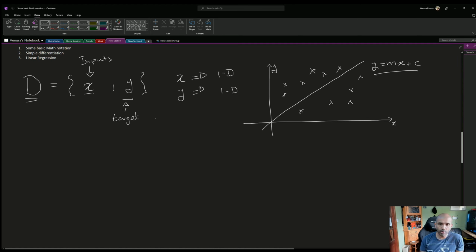Well, first of all, we can start off by making some estimates, guesses, as to what this m and this c could be. By doing that, for all of our various guesses of m and c, we've got some error function, an error value.